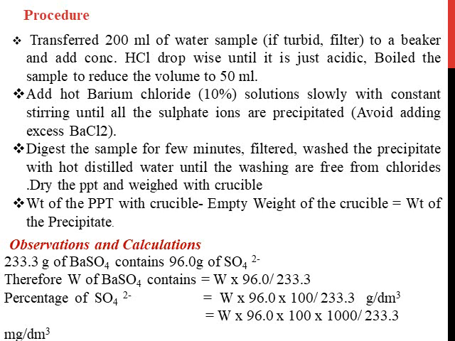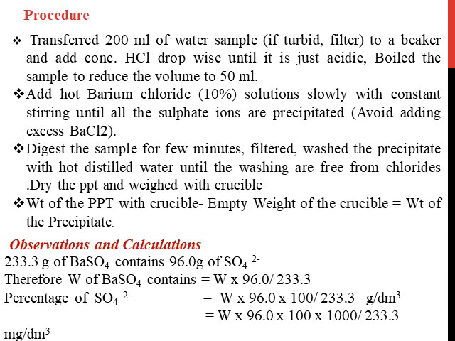Wash the precipitate with hot distilled water until all washings are free from chlorides, and the precipitate is dried in a pre-weighed crucible, and the weight of the crucible is noted. Now, the weight of the precipitate with the crucible minus the empty weight of the crucible will give the weight of the barium sulfate formed.